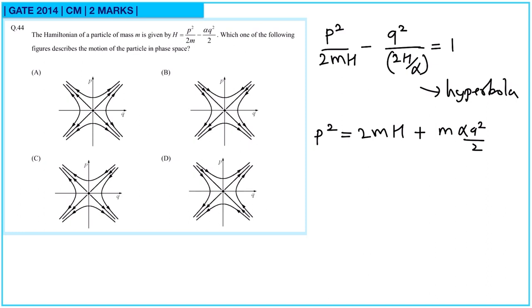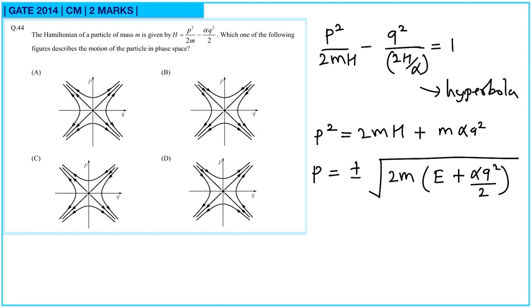So this 2 will cancel here. This will be p square. Now what will be p? p will be plus or minus under root. If we take twice m common, and let us put energy E here, plus we have alpha q square by 2. This will be the expression for p.